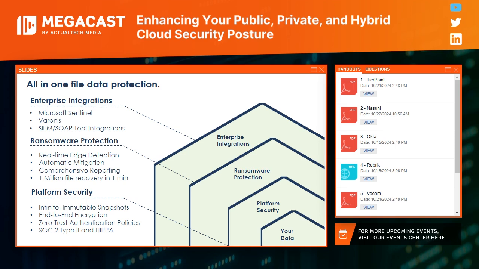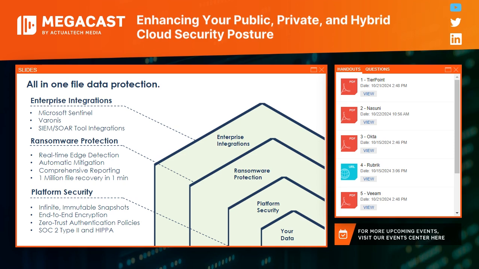On top of that, fast recovery is great, but if you don't know you're getting attacked, can't stop it, don't know what's happening, it's not going to be that helpful. And so that's where our ransomware protection solution comes in, and we'll talk about that in a second. And then finally, this is protection for your file data on Nasuni.